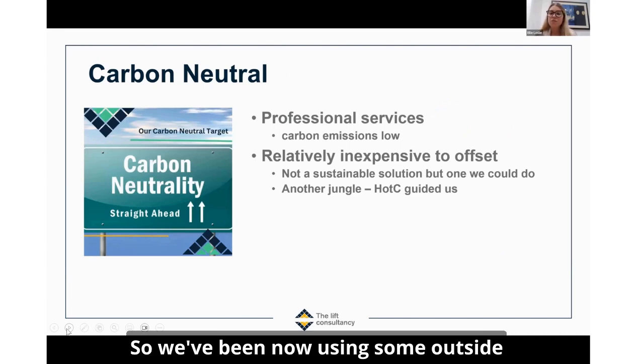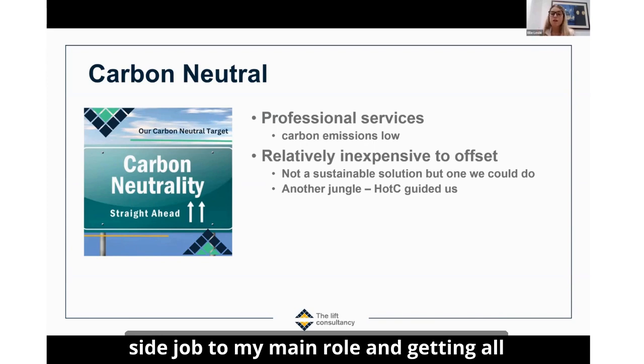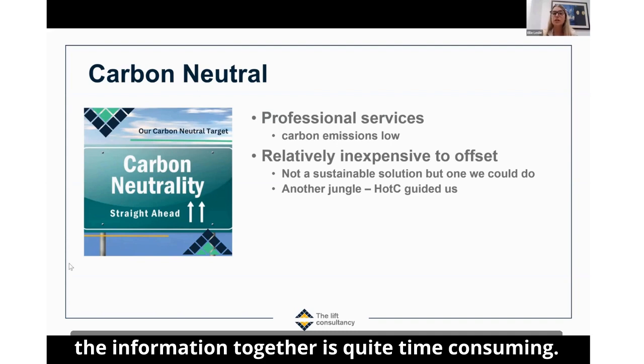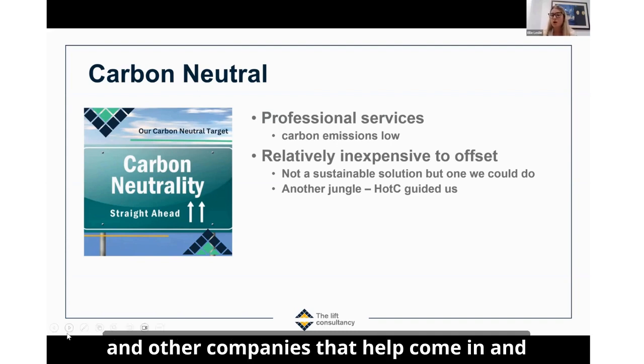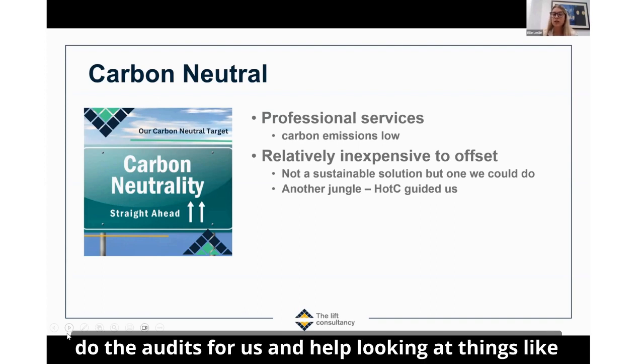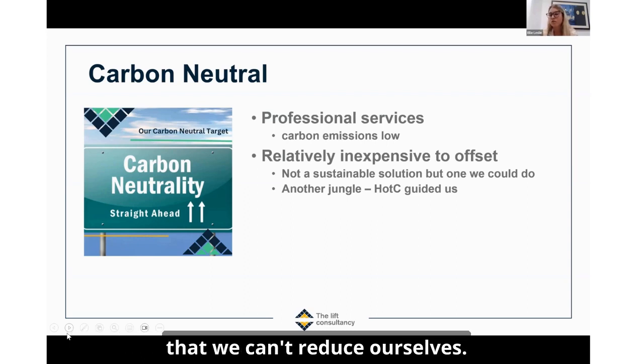So we've now been using some outside professional services to help because, as I said, the CSR was an on the side job to my main role, and getting all the information together is quite time consuming. So we've been looking at Carbon Neutral Britain and other companies that help come in and do the audits for us and help looking at things like offsets for areas of our carbon footprint that we can't reduce ourselves.